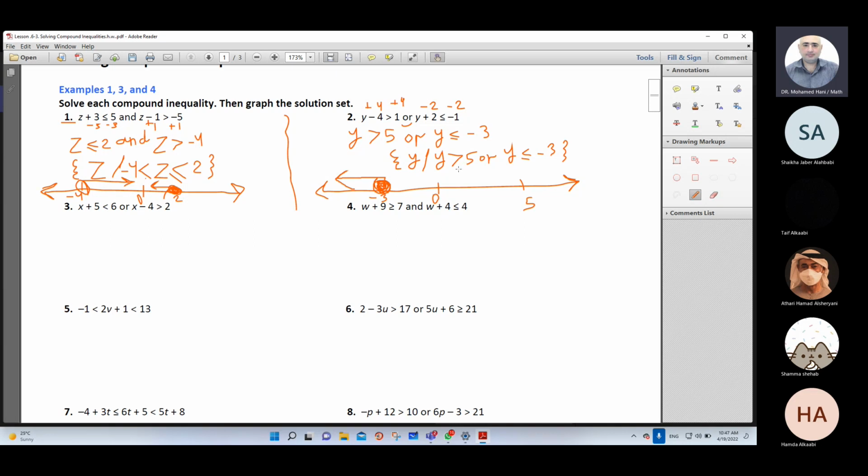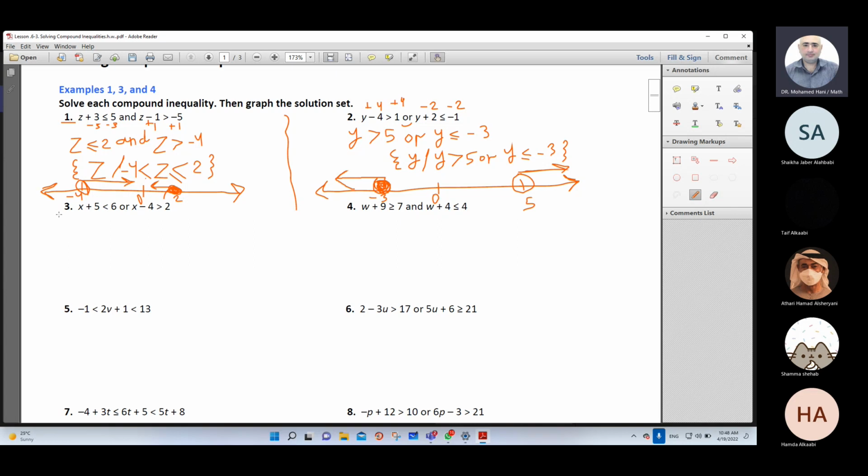We don't have equals in the sign, so we use an open circle. And y greater than 5 means to the positive side. So the solution here is from negative 3 to negative infinity, or from 5, not included, to positive infinity. This is the difference between "or" and "and".